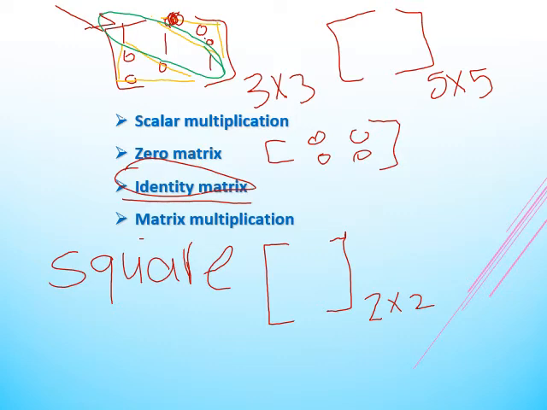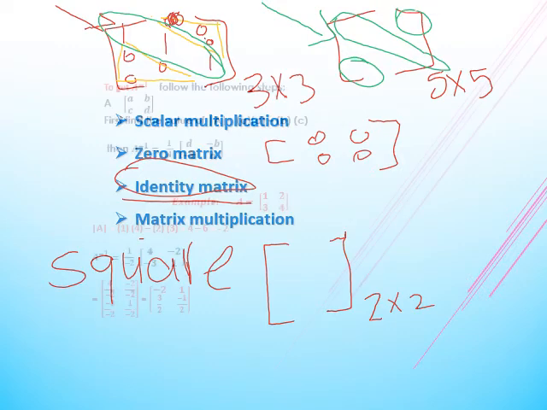Of course, it's by logic, because a matrix which is not square does not have a diagonal. So it should be the diagonal matrix, and all the diagonal is equal to 1, and all other values are equal to zeros, with the diagonal going from left to right. Okay, so this is the identity matrix.